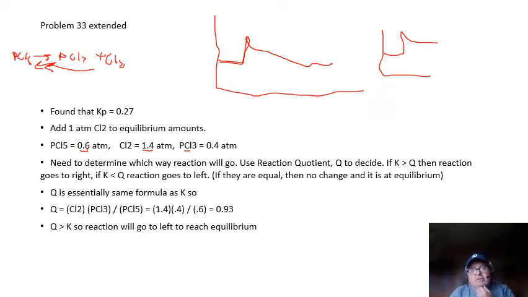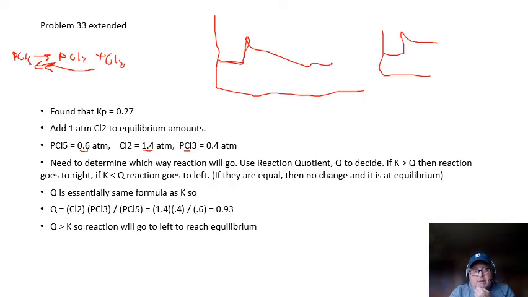But there is another way to figure this out, and that's using the reaction quotient. If the Kp is greater than the Q, so you find the Q, that means the reaction will go to the right.